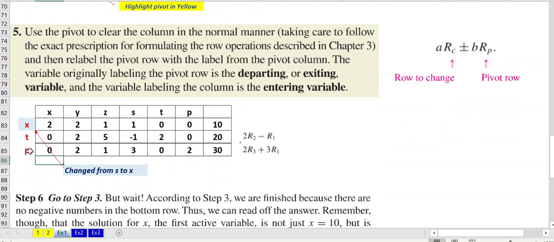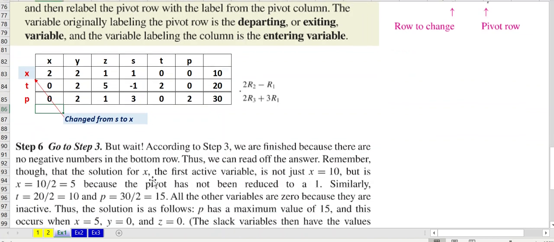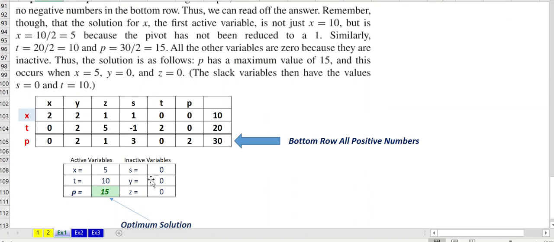So X, T, and P are our active variables. And so the way that we determine the value of the active variables is, just like we did with the initial table, we go to the constant column, take the 10, and divide it by the number in the X row and X column, which would be 2. So 10 divided by 2 is 5. So X is equal to 5.